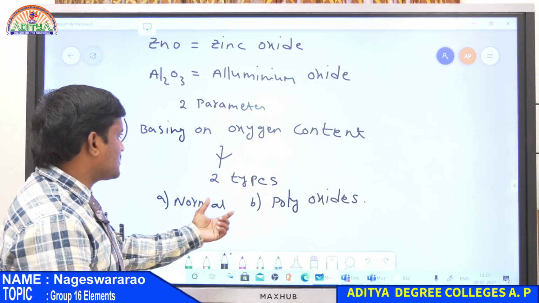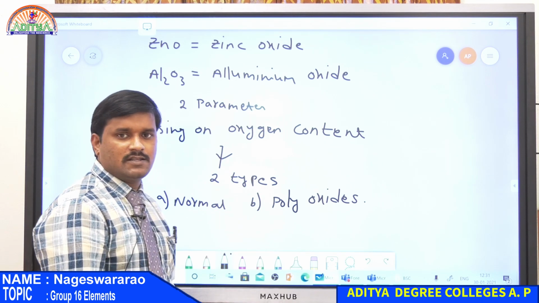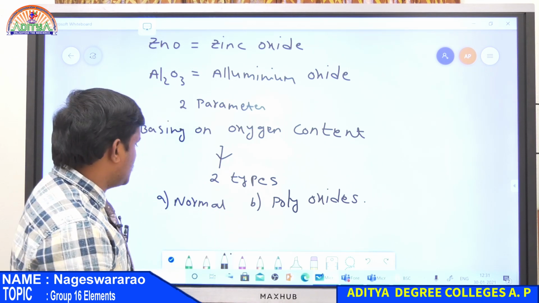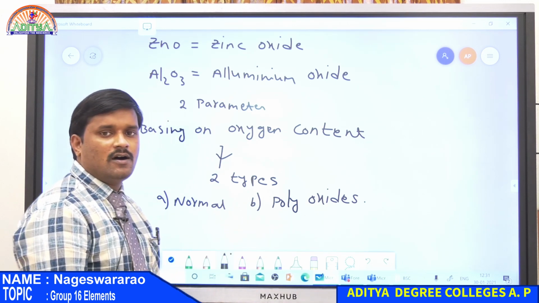So this is the classification of oxides based on the oxygen content in the oxide.